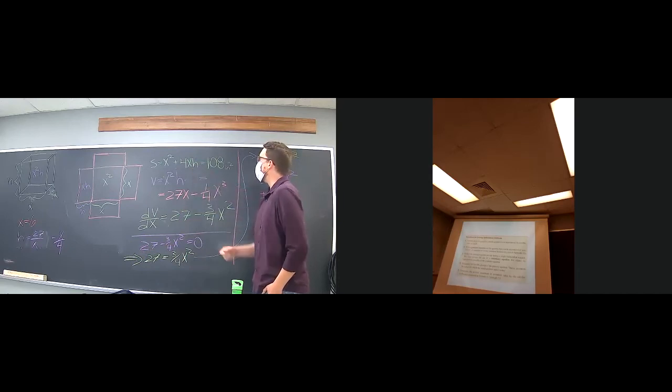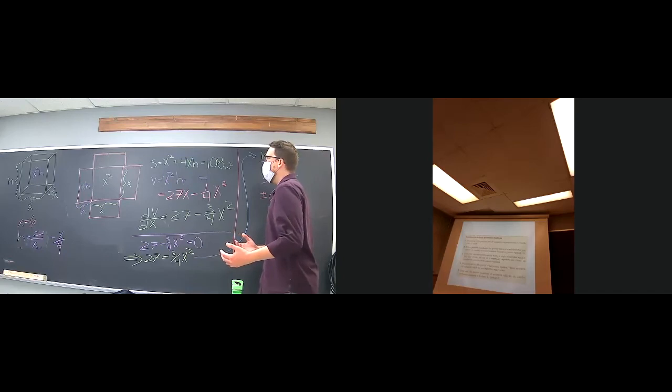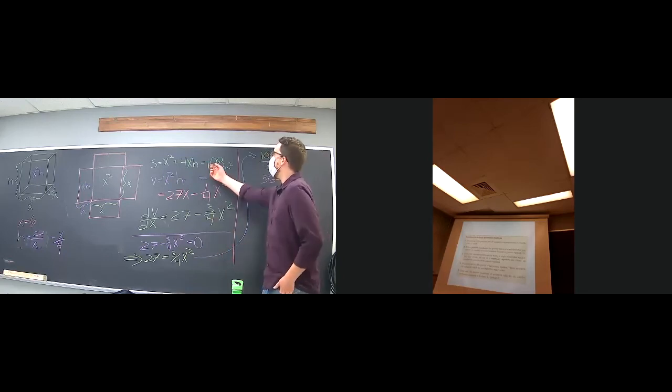Notice the surface area had to be bounded, right? It had to be 108. And that allowed us to solve for h. From there, we were able to set up a system of derivatives, find their critical values, and use that to maximize our system. Now notice, we could have chosen any other value here for surface area.